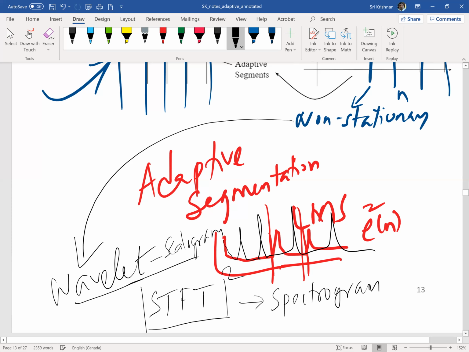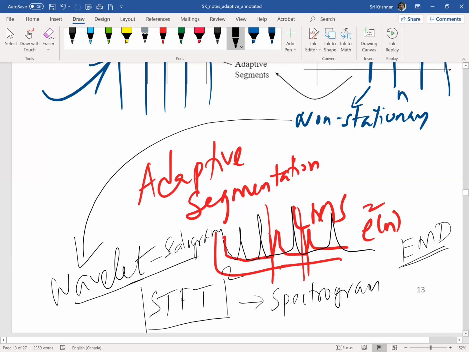There are recent variations to both these techniques, which are also based on an entirely data-driven approach, and that's called empirical mode decomposition, EMD. So in a nutshell, there are many non-stationary approaches that we could use. In this course, we will just see how to deal with it using adaptive segmentation and the least mean square technique.